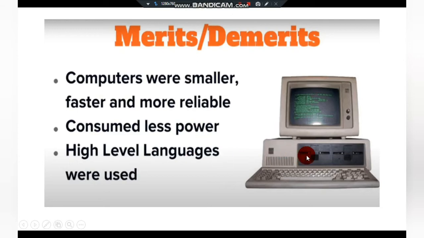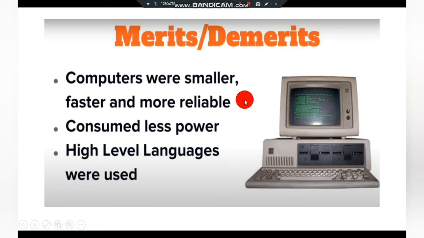And what type of language is used in the third generation? High level language. In the first generation we used machine level language, in the second generation assembly languages were used, and in the third generation high level languages were introduced, like Pascal and COBOL. These programming languages were introduced in the third generation.